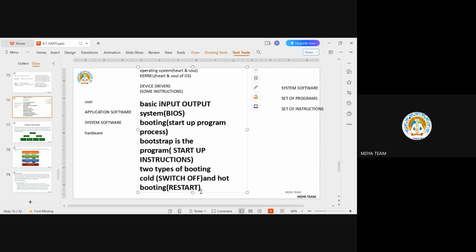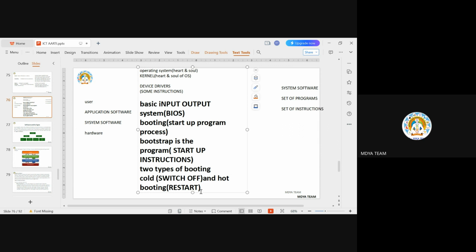Ma'am, is the kernel also a set of instructions? Yes, you can say that. The kernel is also part of the operating system, and there are many instructions written in it. The kernel has instructions on how it will interact between the hardware and the user.